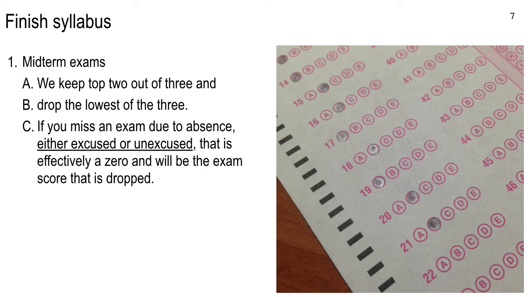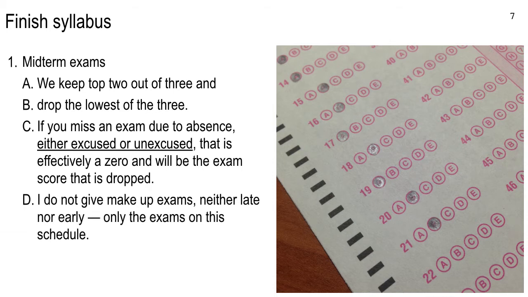That's why it's a nice luxury for you to be there at all 3 of the midterms, so that you can drop your lowest grade instead of being stuck with one that you don't like.